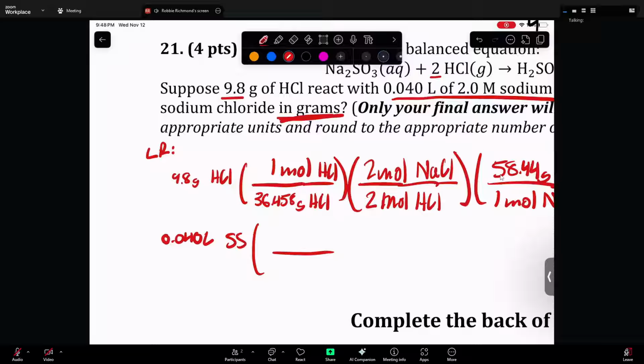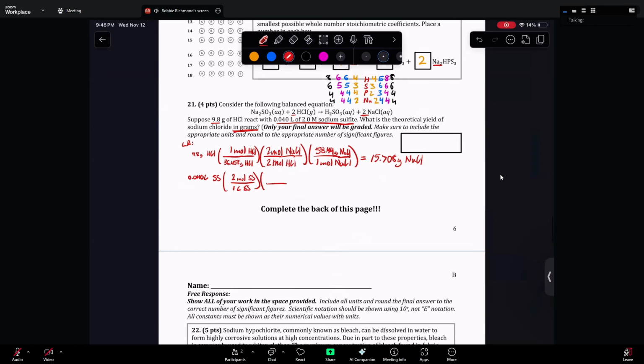Then, to figure out the amount of moles of sodium sulfite, we use the molarity of it. So if we have 1 liter of solution, or 1 liter of sodium sulfite, that's going to have 2 moles of sodium sulfite. Then we use our stoichiometric relationship.